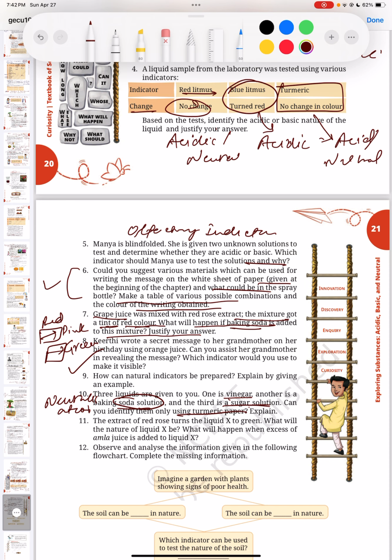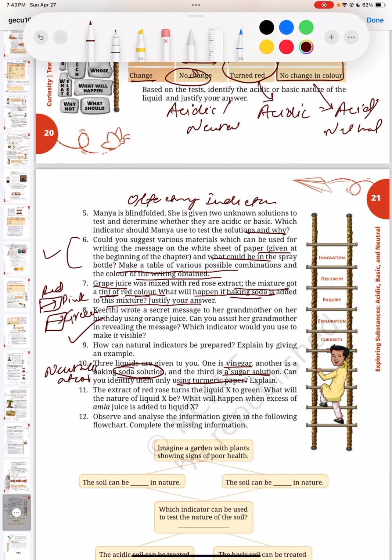But what if I start adding vinegar into it? After a certain point of time, that red color will disappear. It will get back to white or yellow in color, and that is where you can differentiate between vinegar and sugar solution. The idea is that the vinegar can neutralize the effect of baking soda.